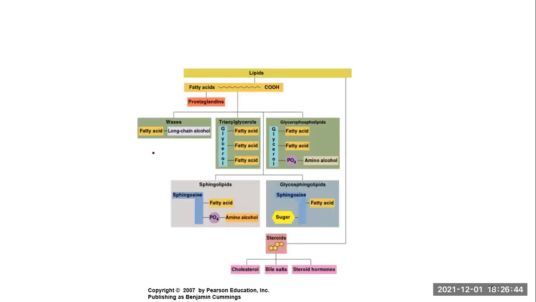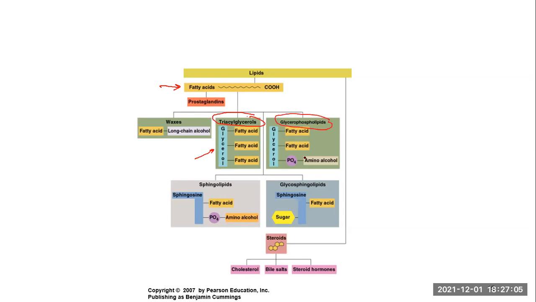This is a nice little slide, and I think you should have a similar one in your book. Ultimately, you will need to know the makeup of what fatty acids look like. And again, we're going to go into each of these individually. What makes up triacylglycerols? What are the parts, which are nicely listed here?